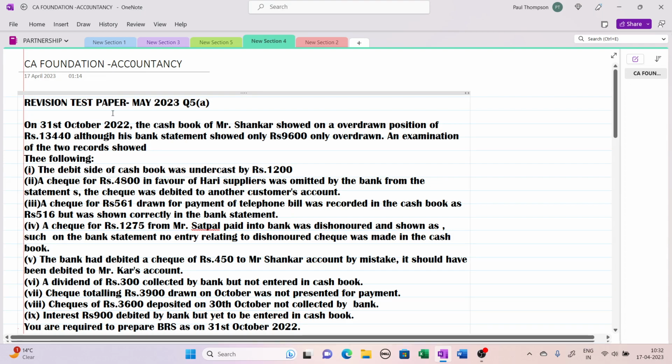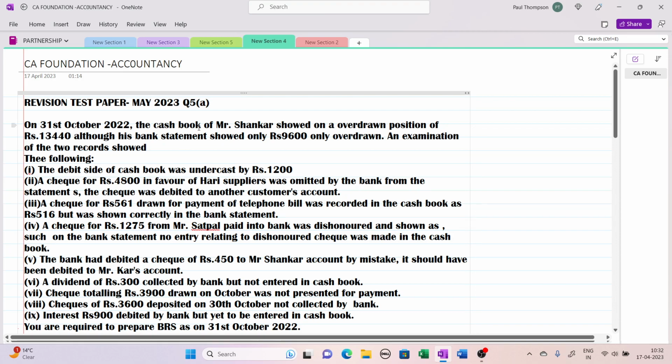Today we are going to see the revision test paper May 2023 posted by ICAI. In that I have taken question number 5A, bank reconciliation statement.